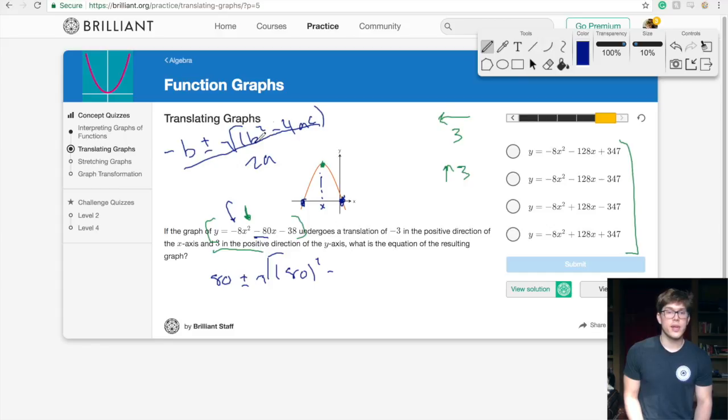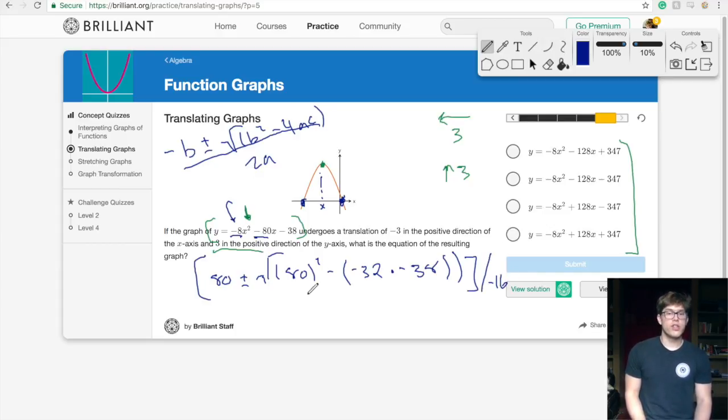Minus 4 times a times c. 4 times a, 4 times negative 8 is negative 32. And so we have negative 32 times c, which is negative 38. And then this is all divided by 2 times a. A is, again, negative 8, so 2 times negative 8 is negative 16.